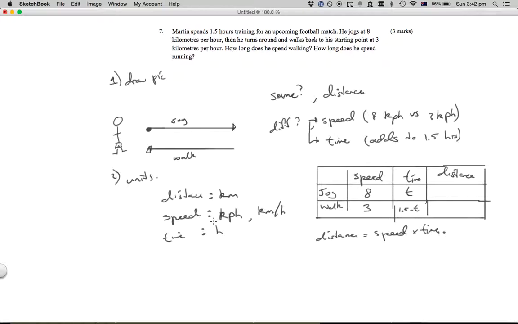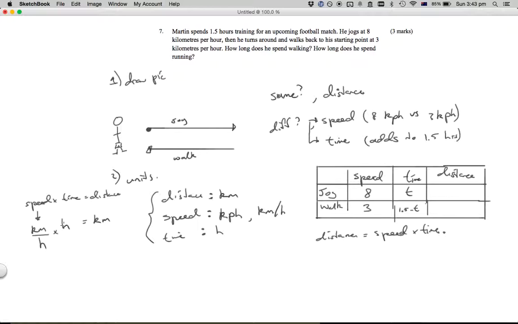equals speed times time. Now I'm going to explain that briefly. If this confuses you, don't worry too much about it, but it might help it click for some people. So if we've got speed times time equals distance, we can look at the units: speed is kilometers per hour, time is hours, and distance equals kilometers.